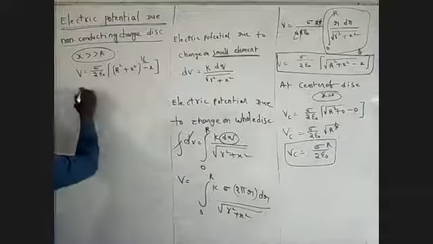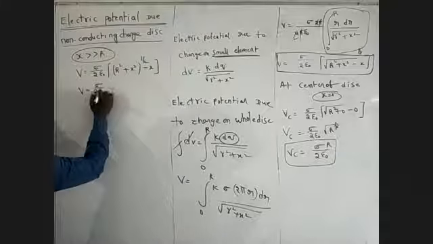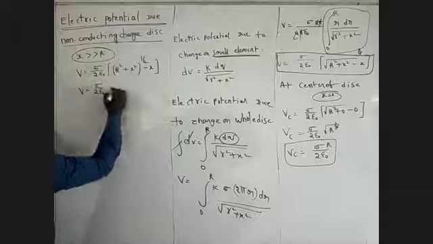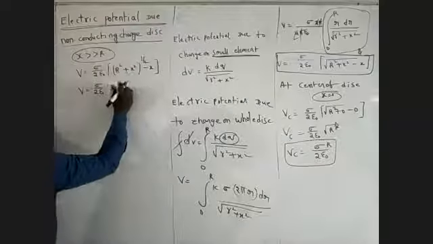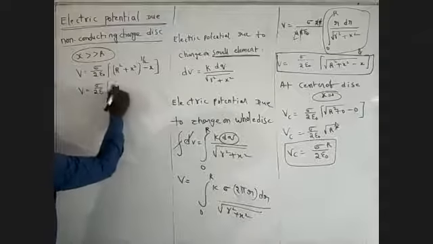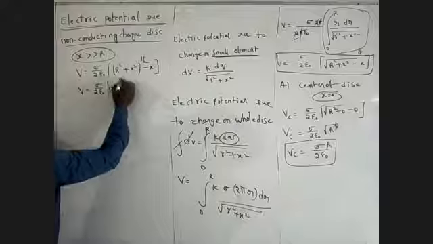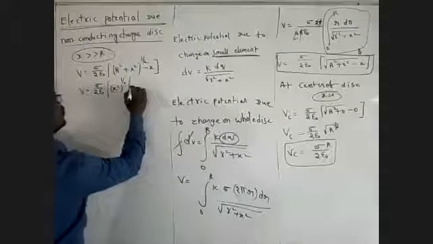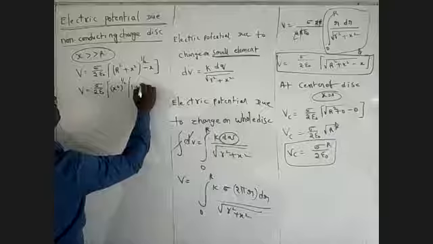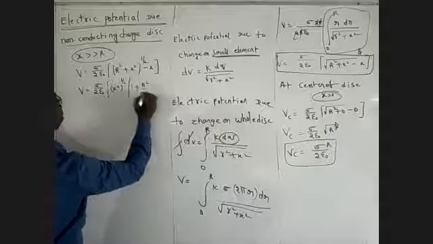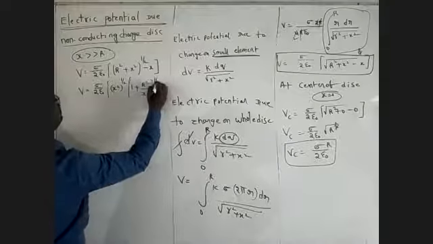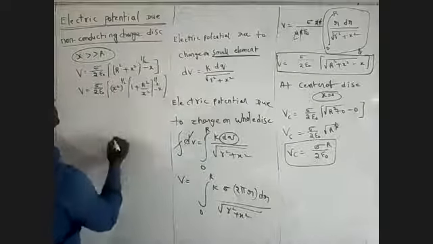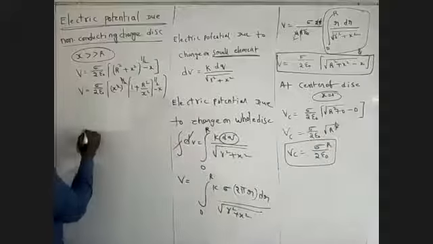So V is equal to sigma by 2 epsilon naught times [x square taken common, (x square) whole power of 1 by 2, times (1 plus R squared by x square) whole power of 1 by 2, minus x]. The power of 1 by 2 and 2 cancel each other.